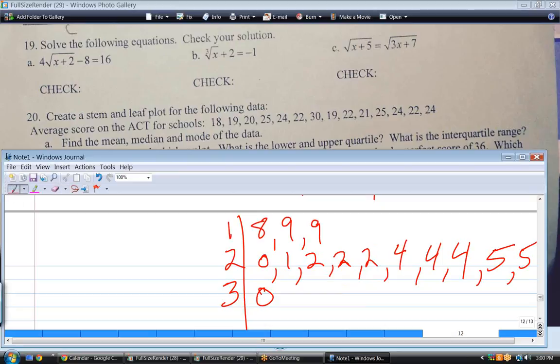What does mode mean? What number appears the most? Which one is that? Would it be 22? Also 24. So there's two modes. There's 22 and 24. Notice there's three 2s, there's three 4s. So the mode is not always just one.